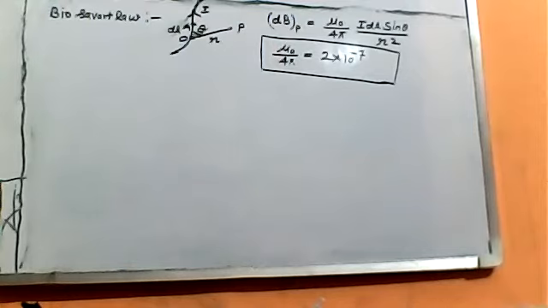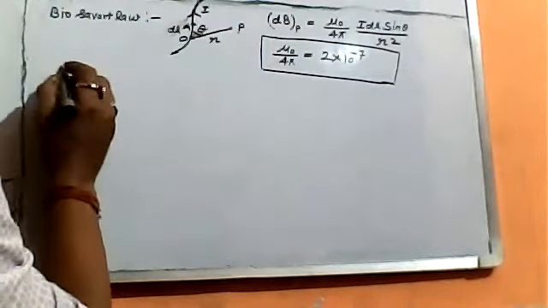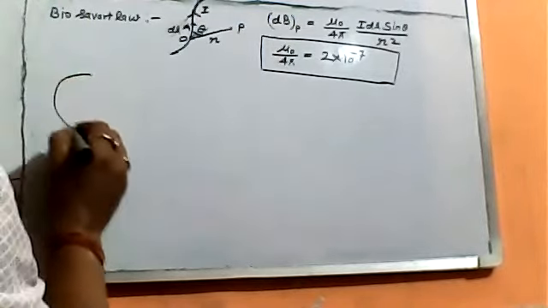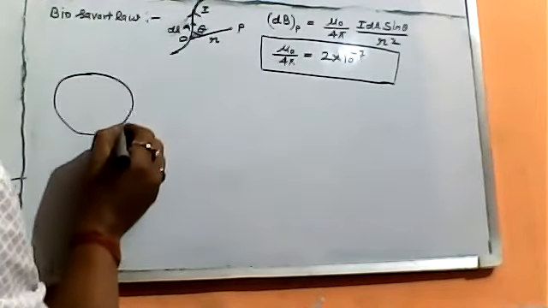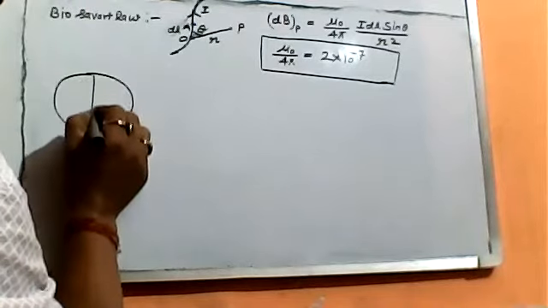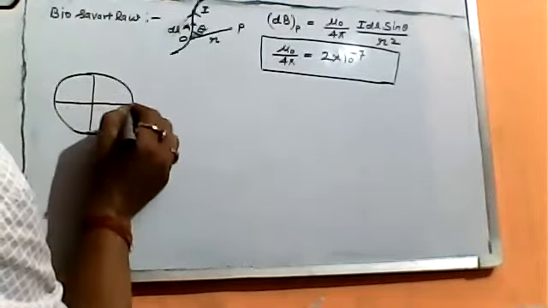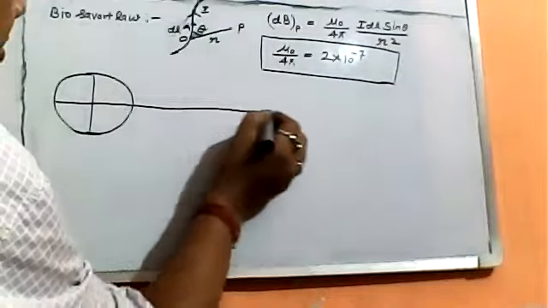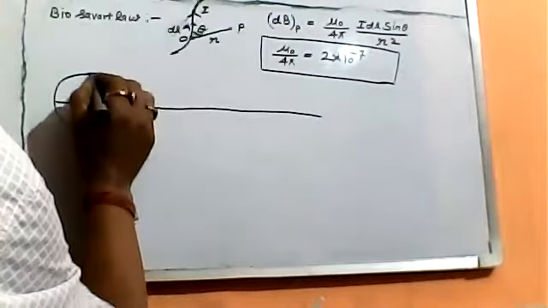So now the first is the circular coil. Just like electric field intensity, magnetic field intensity also we have to find at a point on the axis of the circular coil.